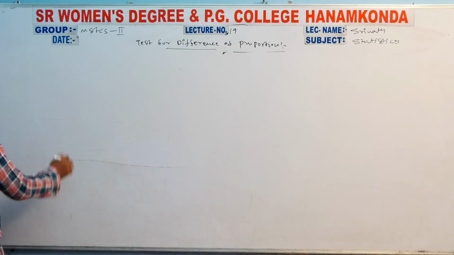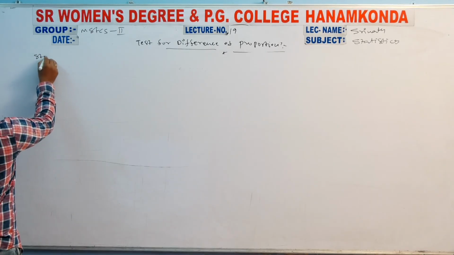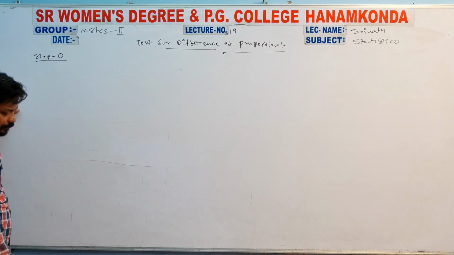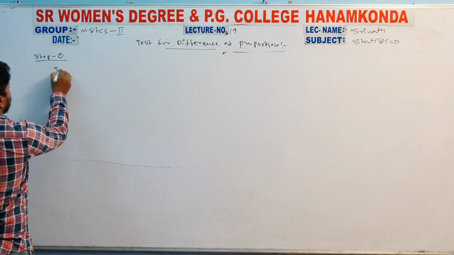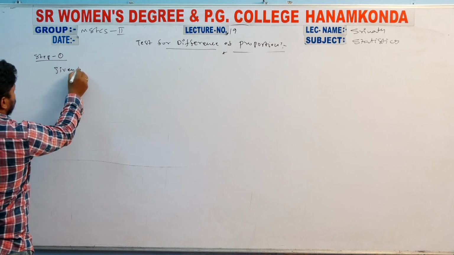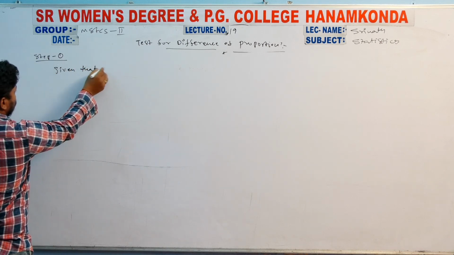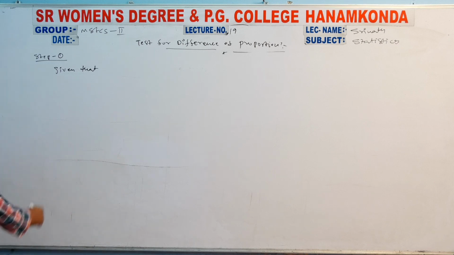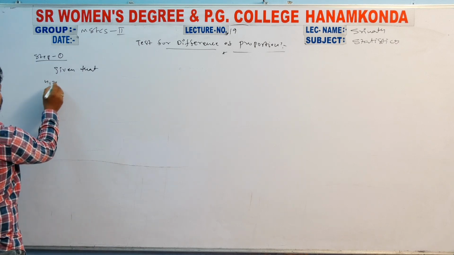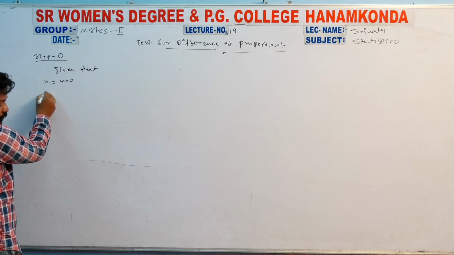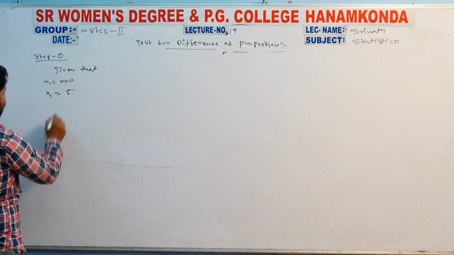Step 1. Given that, the first college n1 is 400 and x1 is 5.